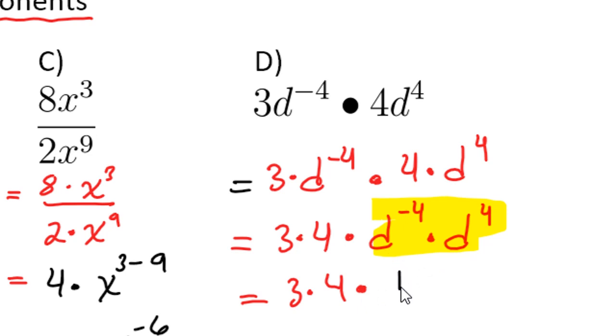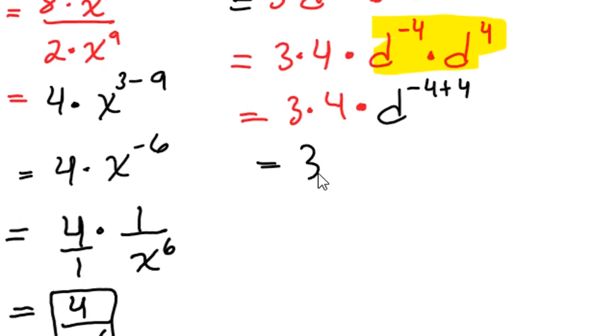So I keep the base and I add the exponents, so negative 4 plus 4. This is equal to 3 times 4 times d to the 0.